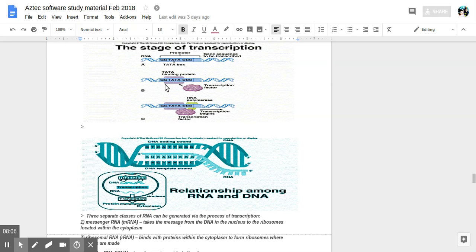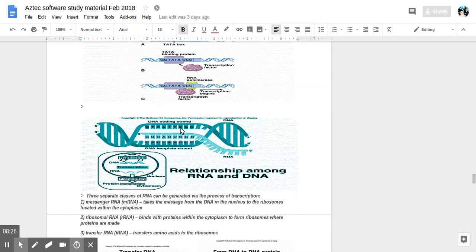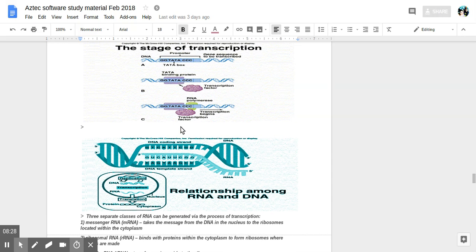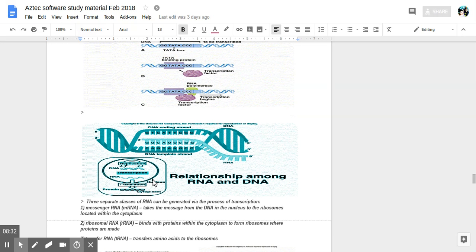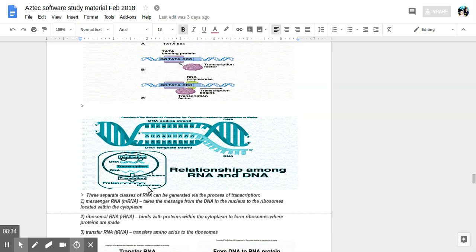Transcription factor binds the initial part of the sequence, so the promoter region, which starts the transcription. And RNA polymerase helps with polymerizing the RNA. So these are proteins in charge of transcription. And so that's what you have.